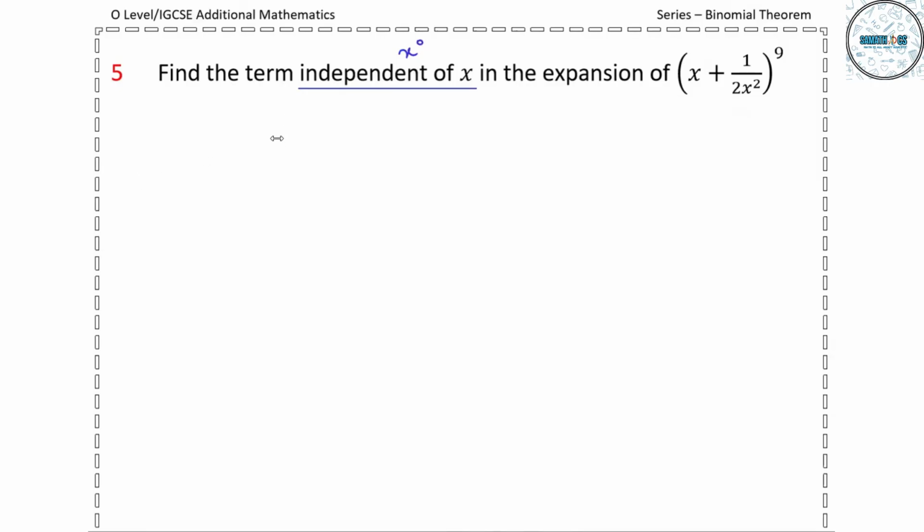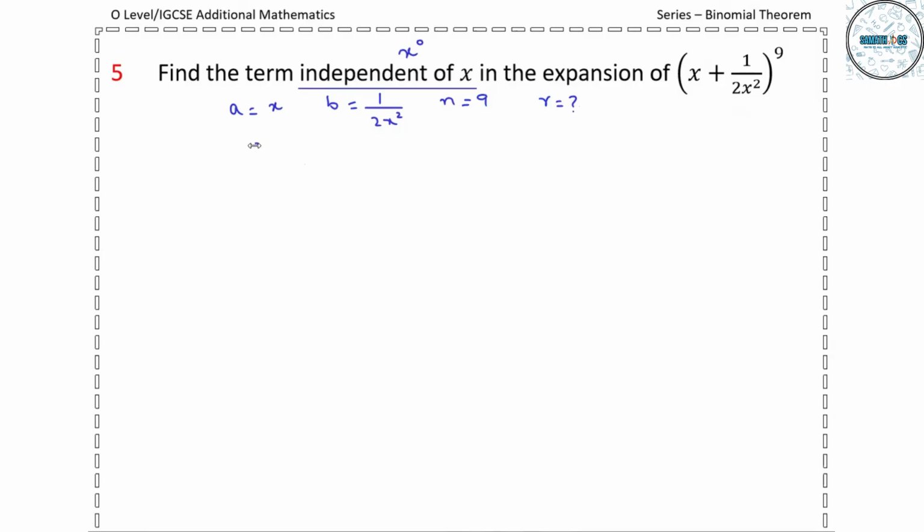So first of all, we will find out the value of r where the power of x is 0. A here is x, b is 1 upon 2x squared, n is 9, and the r value we have to take out where the term is independent of x.